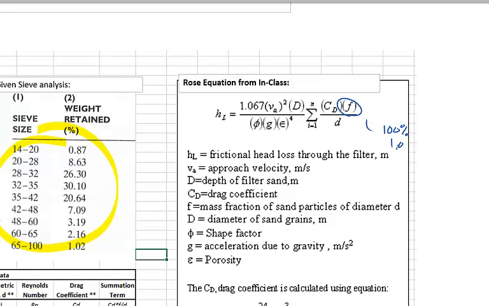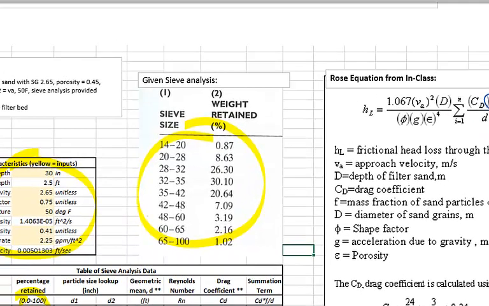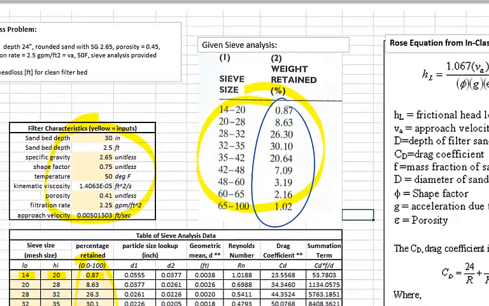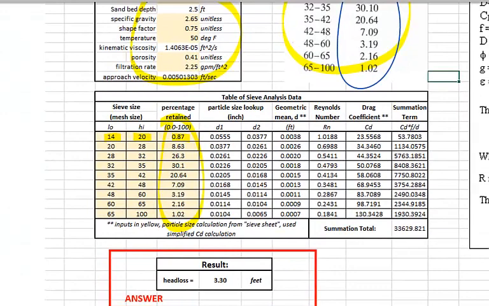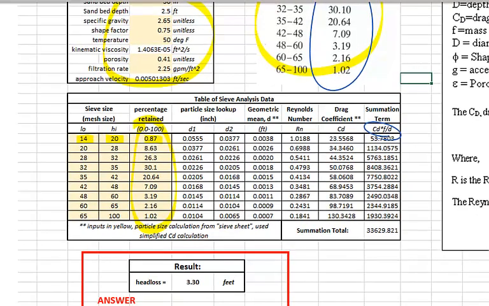Otherwise, you're going to put in those actual percentages that are provided in your percent retained system. So we've got the particle sizes, geometric mean diameter, the calculations of the Reynolds number, coefficient of drag, and then we're just summing these terms: coefficient of drag times the F term, or the percent of that gradation, divided by D, the geometric mean diameter.